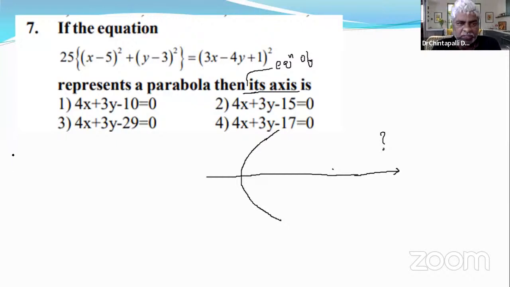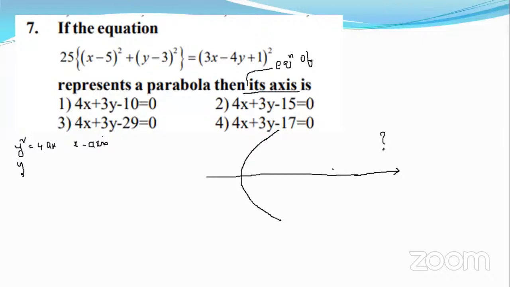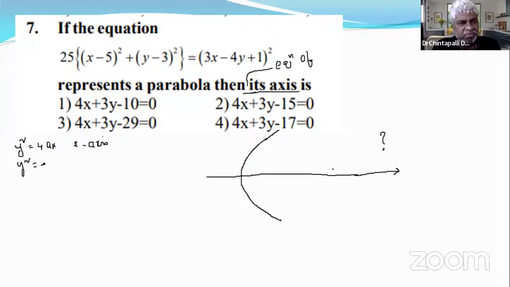Let me remind you all those cases. If the equation of the parabola is y square is equal to 4ax, then the axis is the x-axis. If the equation is y square is equal to minus 4ax, then also the axis is the x-axis only.